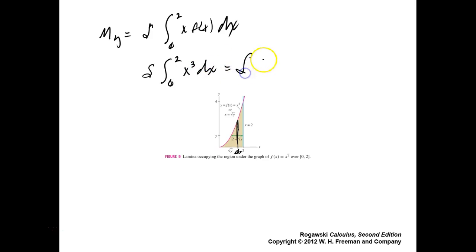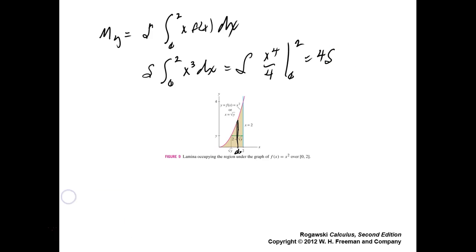What would that be? x to the 4th over 4 from 0 to 2. 2 to the 4th power is 16, divided by 4 is 4. The 0 doesn't contribute anything. 4 delta. I'm sorry, I already had written the delta down. Okay, 4 delta.